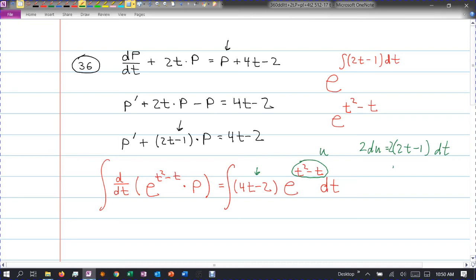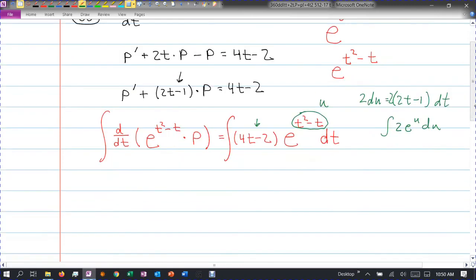So that integral is really just 2e to the u du. And now we integrate. So the antiderivative would just be 2e to the u. So this would be 2e to the u, but u was t squared minus t, and then plus some constant. That must equal e to the t squared minus t times p.